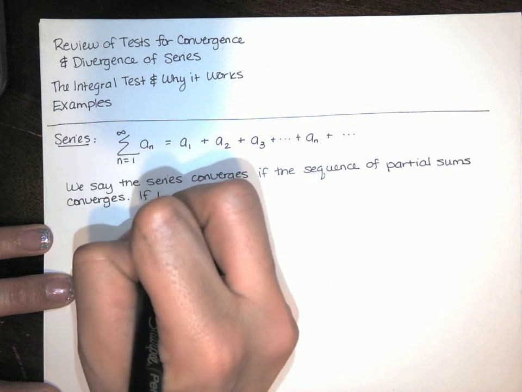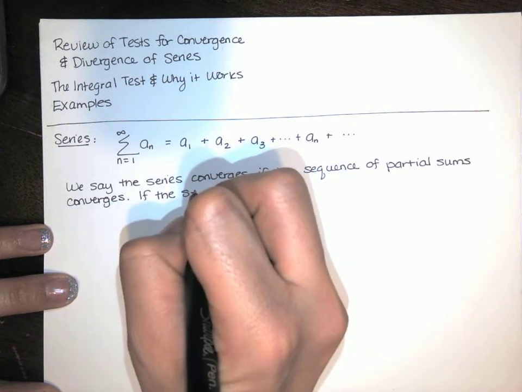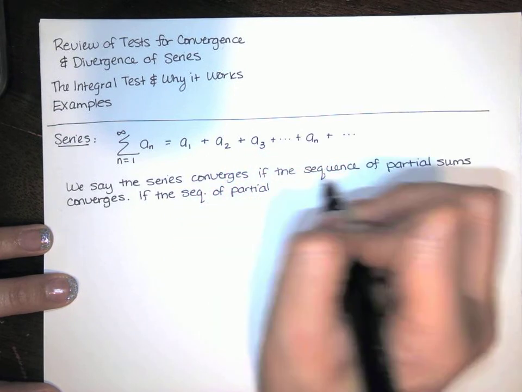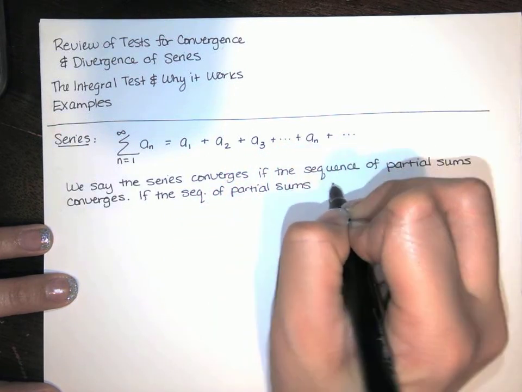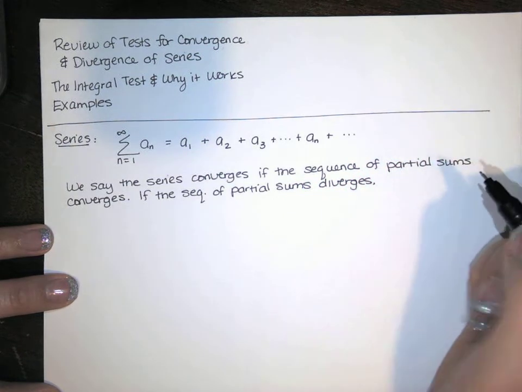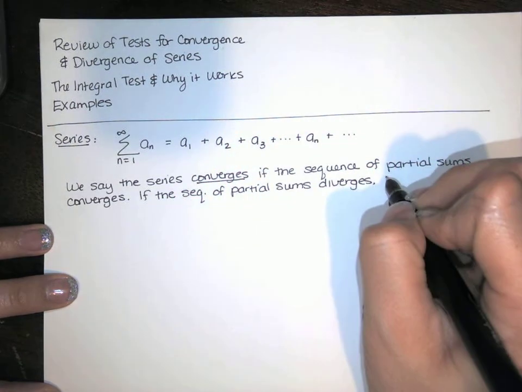If the sequence of partial sums diverges, we say the corresponding series diverges.